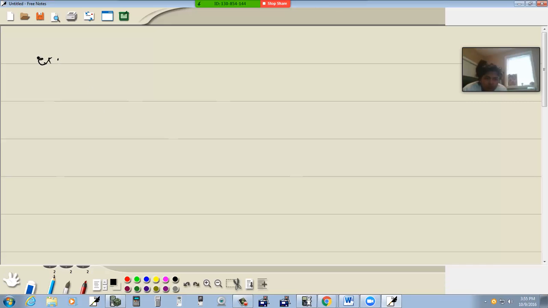You might have something that looks like this. y is equal to x squared. Or you might have y squared plus x is equal to 3. And the question is whether these represent functions or not.